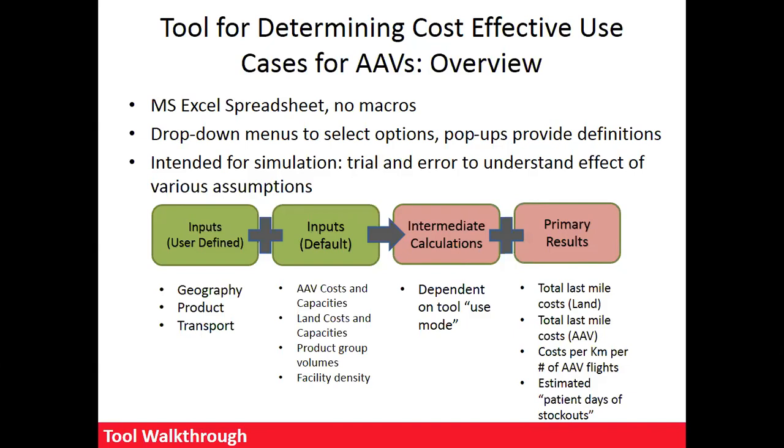It includes making selections around the particular type of AAV that you might want to use, as well as the type of land transport for comparison. There are also default, or static, inputs around the particular specs of AAVs and land transportation, as well as volumes, weights, and values of particular product groups, and also default assumptions on facility density that you can choose within.